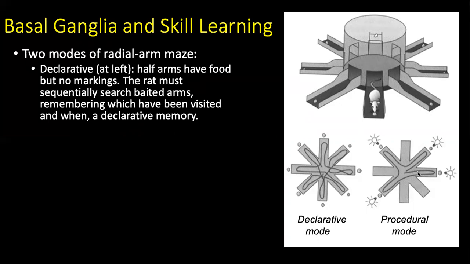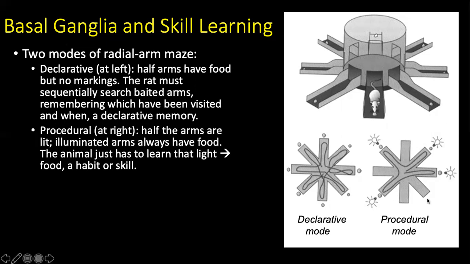In this type of learning, half of the arms of this maze would have food, but there's no external markings or any way to distinguish between the different arms. There's no cues. So the rat has to basically search around and learn which arms have food, which ones they visited before, so they don't go back to that arm. So remembering where and when those items are, that's declarative memory.